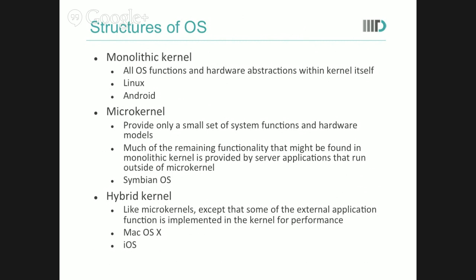It's not the standard applications that you write as a developer, but a server application. One example of this is the Symbian OS. So this is microkernel, that is the monolithic kernel, and this was really the first operating system for handheld devices. Because they thought at that time that this would be the best approach for a handheld device.